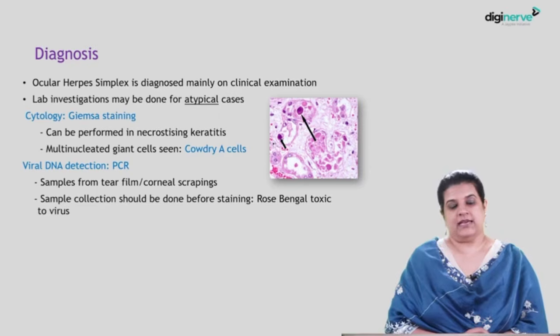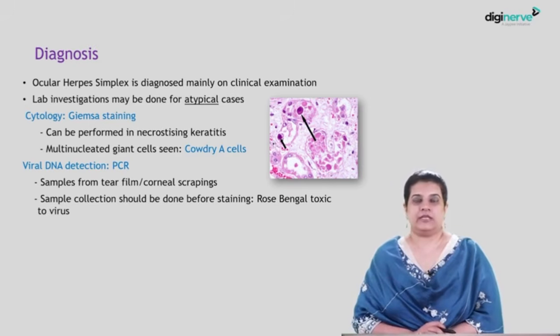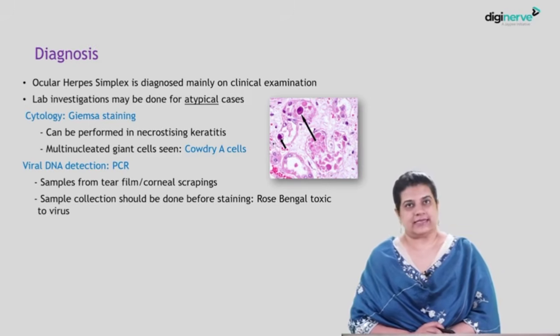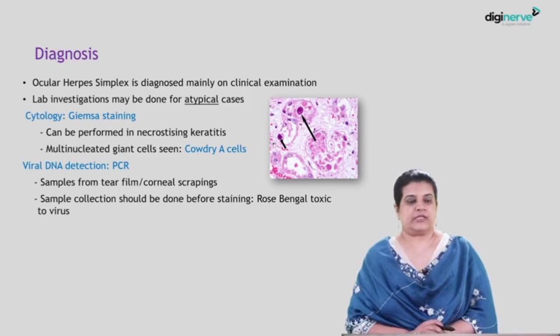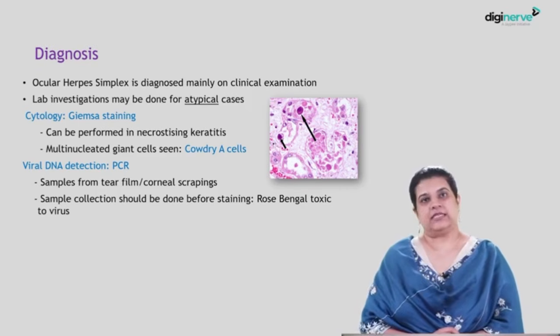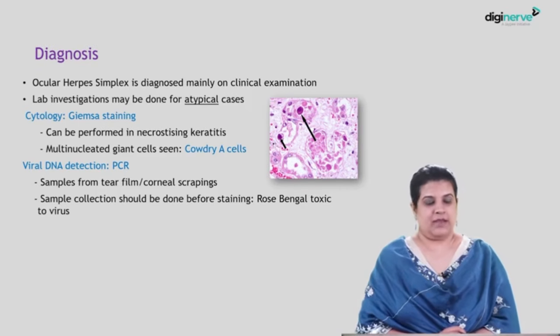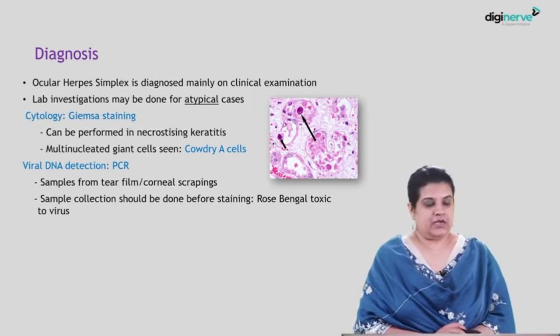Usually the diagnosis of ocular herpes simplex is based mainly on the clinical examination because the clinical presentation is quite characteristic. But laboratory investigations may be required in certain atypical cases. So cytology, in which Giemsa staining is done, can be performed in certain cases of necrotizing keratitis. In this, we will see multinucleated giant cells.